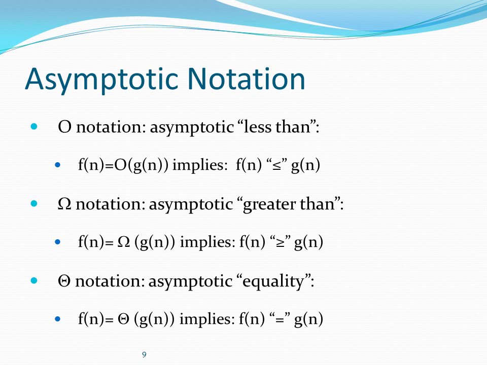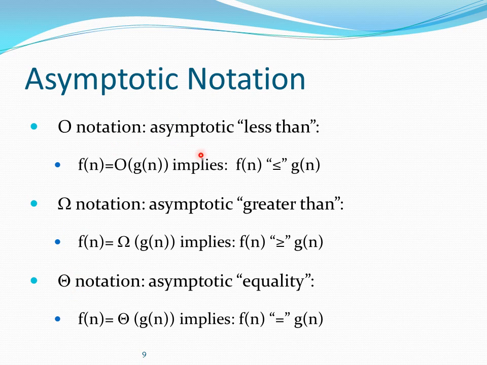Asymptotic notations, three asymptotic notations: big O, next big omega, next big theta. I call these big O notation, big omega notation, big theta notation.